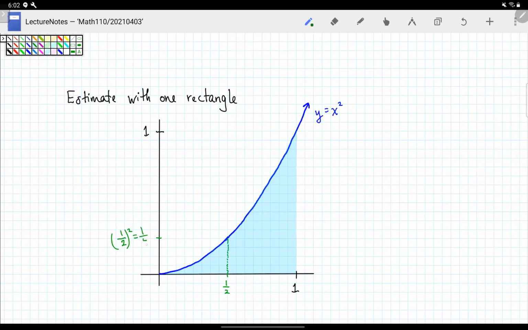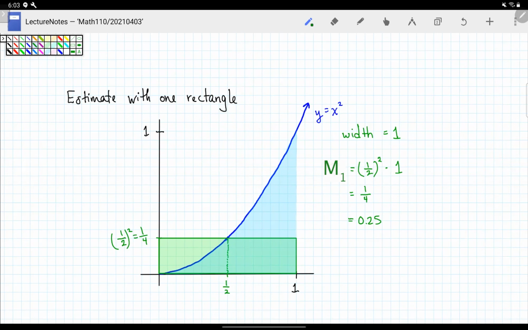My width is the full length of the interval, since I'm only having one rectangle. So it's 1/2 squared, that's the height of this rectangle, times 1 is the width, which is going to be 1/4, or 0.25.